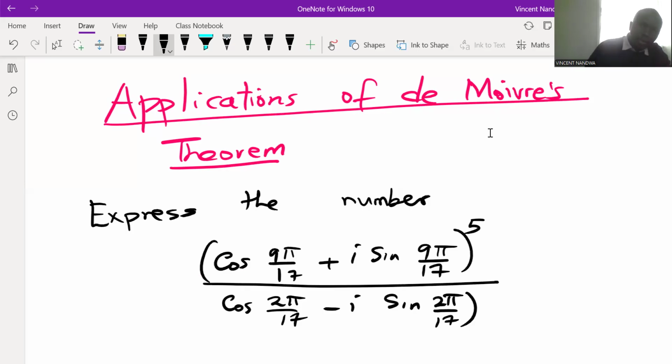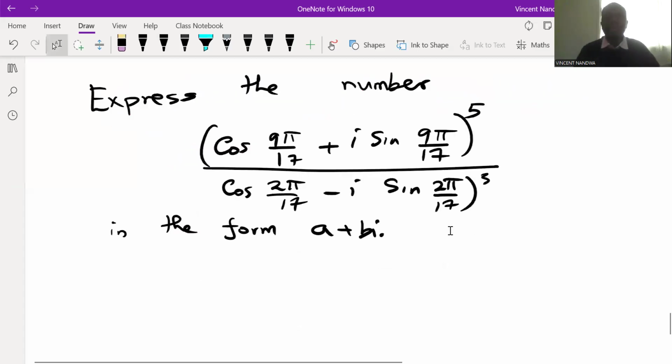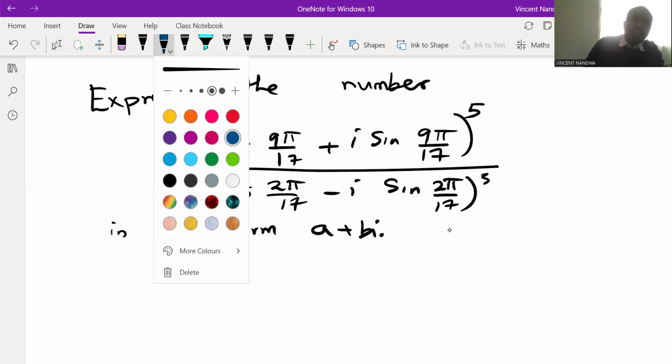This one is raised to power 3, in the form A plus B I. So this is what we have as our complex number.